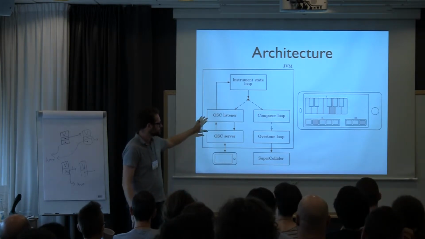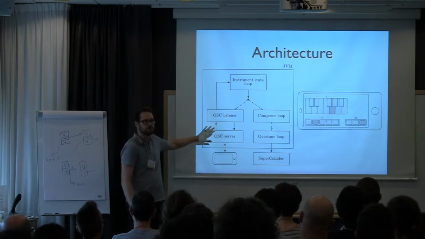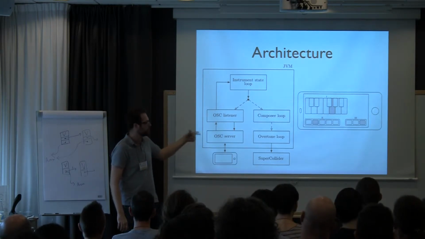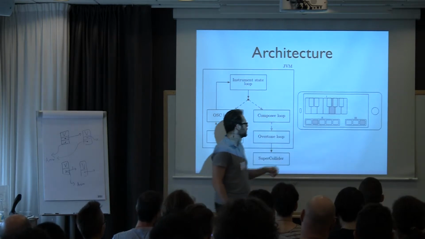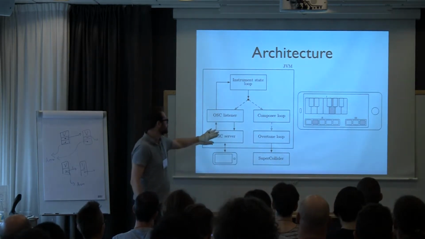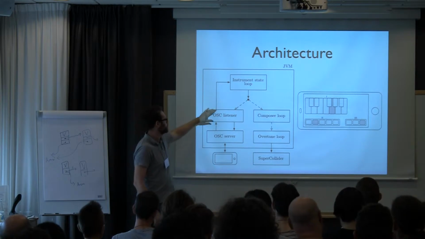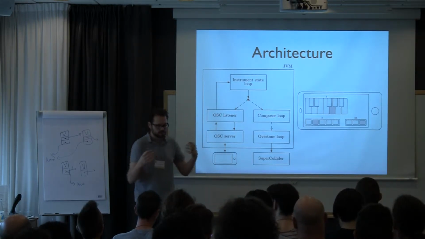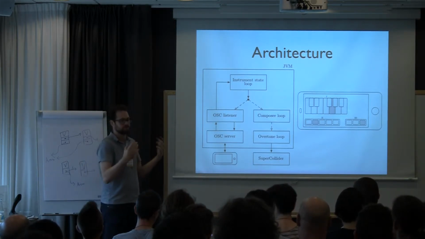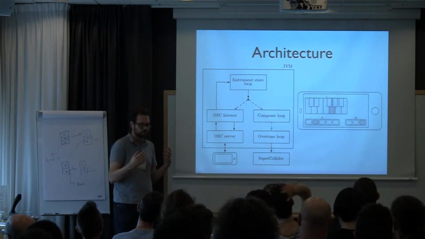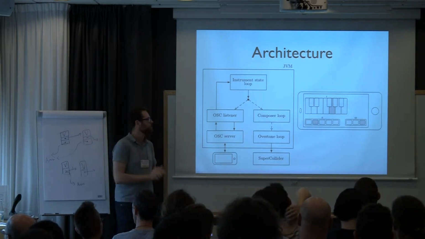UDP sends signals to an OSC server indicating that the user pressed this button, this button, this button. That information is sent to the OSC server, which talks to a listener process in here. All of these are decomposed running processes, to allow for greater decomposition and to keep the system responsive.